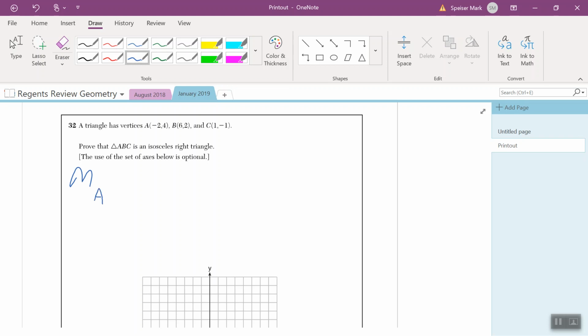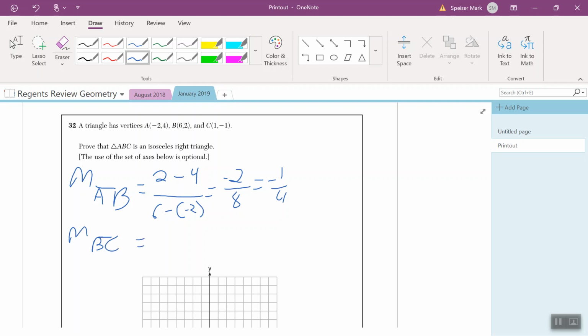So the slope of AB is 2 minus 4 over 6 minus -2, which is -2 over 8, or -1/4. Then you find the slope of BC, which is -1 minus 2 over 1 minus 6, which is -3 over -5, or 3/5.